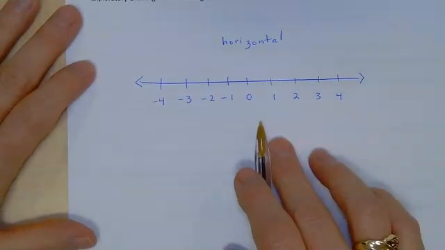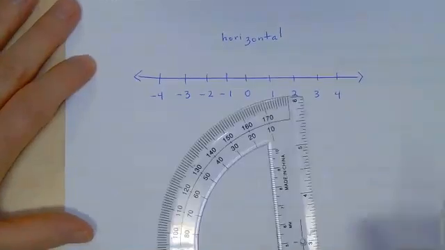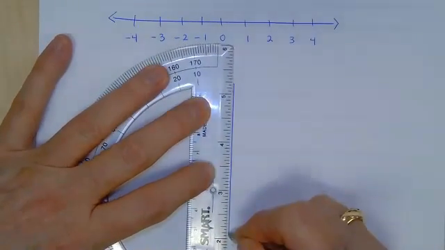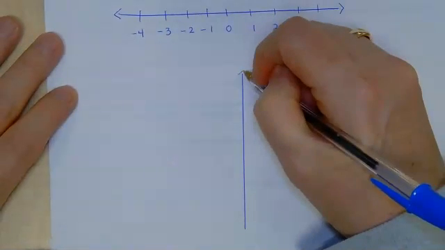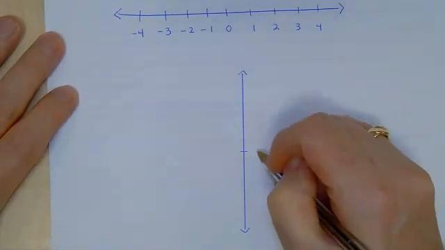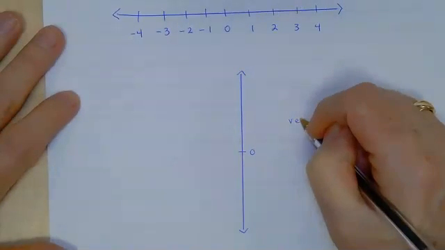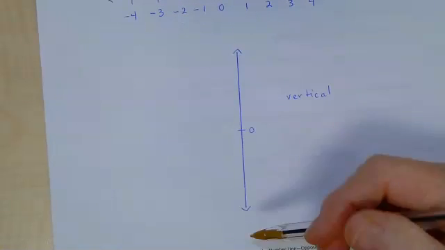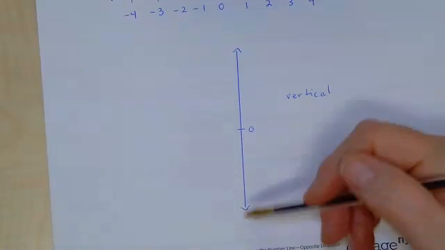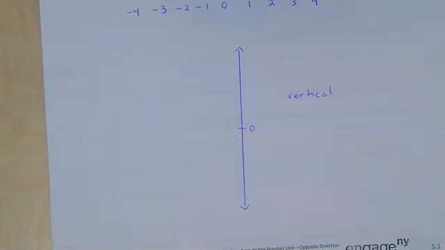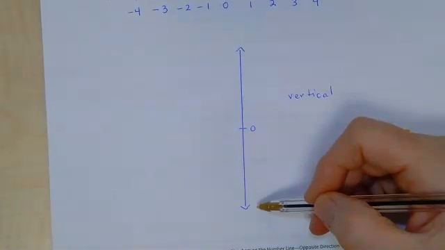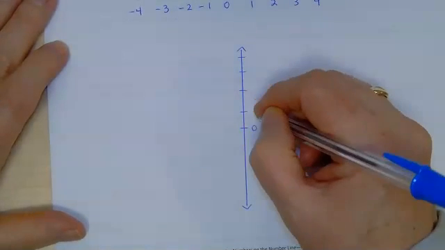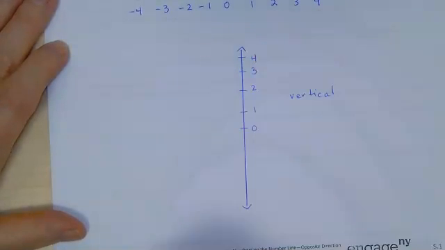And then there's also what we call a vertical number line. So I'm going to draw a second one. And it's a number line because of the arrows again. 0 in the middle, and this one's called a vertical number line, which means it goes up and down. And you use vertical number lines if you think about thermometers, okay? Above 0 and below 0. So that makes sense, right?